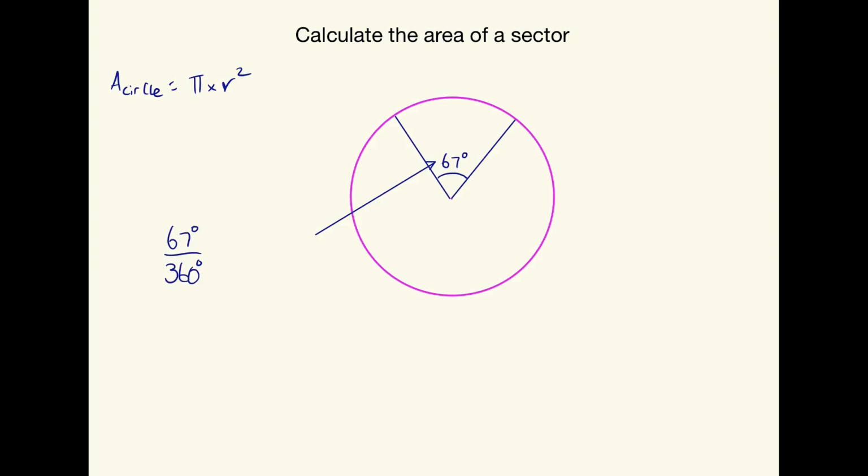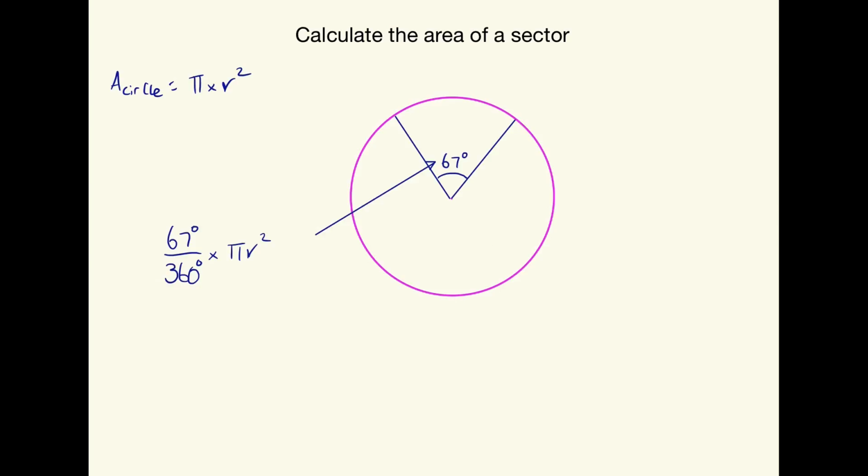And then we'd multiply that by the area of a circle. So this is simply a ratio of how much of our sector we have compared to the whole circle. And then from there, we can multiply by the area of the circle. And that's literally the area formula for a sector.